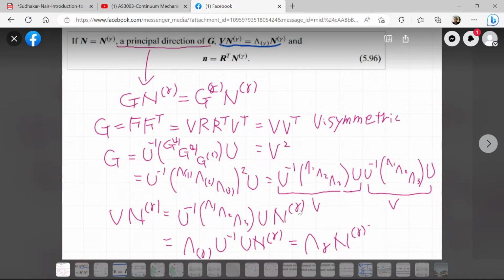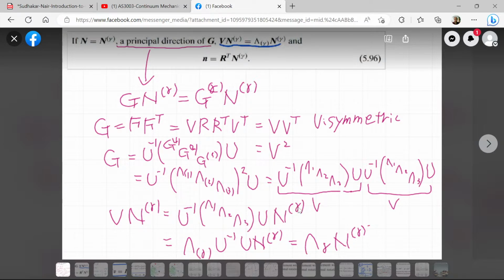You multiply by eigenvector, which becomes 100, 010, or 001. So that means this will pick one of these diagonal terms. So if gamma is 1, you will pick lambda 1.